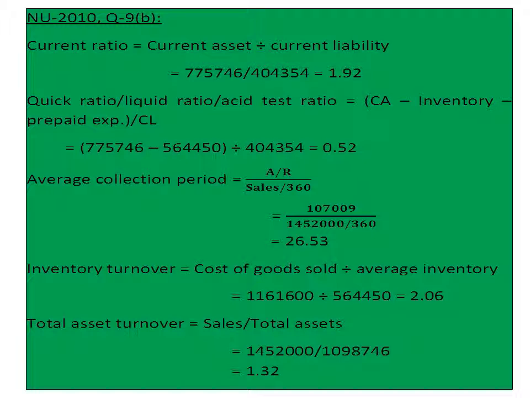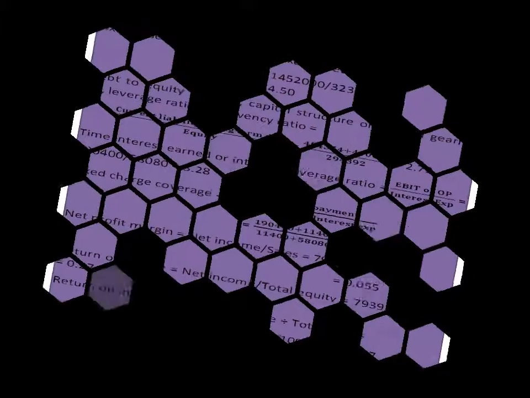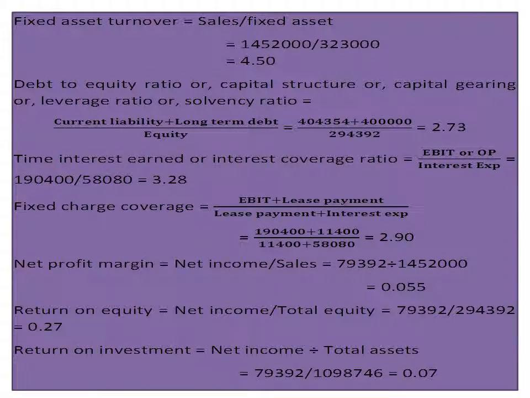Total asset turnover equals sales divided by total assets. That means we get 1.32. Fixed asset turnover equals sales divided by fixed asset. Here we have seen 4.50 fixed asset turnover.